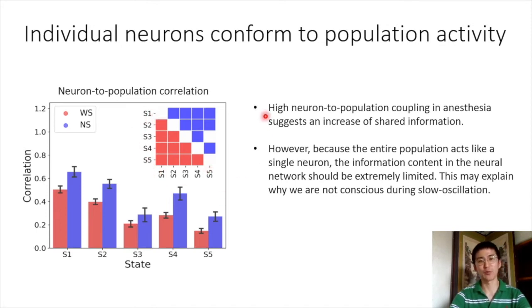High neuron-to-population coupling in anesthesia suggests an increase of shared information. However, because the entire population acts like a single neuron, the information content in the neural network should be extremely limited. This may explain why we are not conscious during slow oscillations.